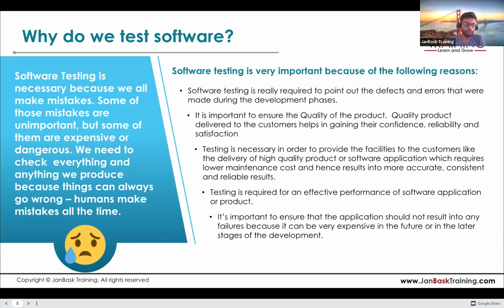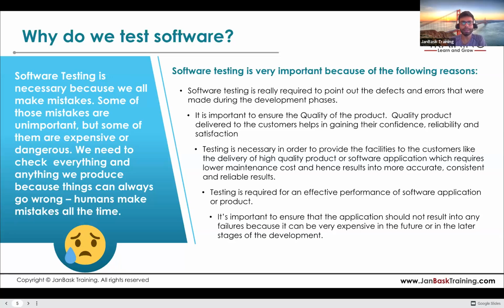Exactly. The bug could be found at different levels as well. We will see those in the upcoming sessions. There are different levels of testing, right? Testing can be done at development time, when the developers are doing their development. They will be doing some testing from their end as well.